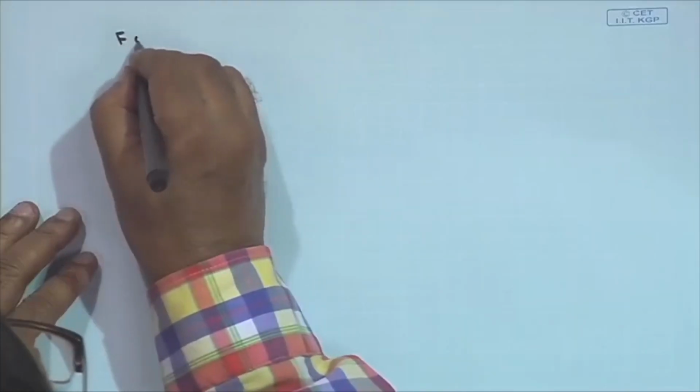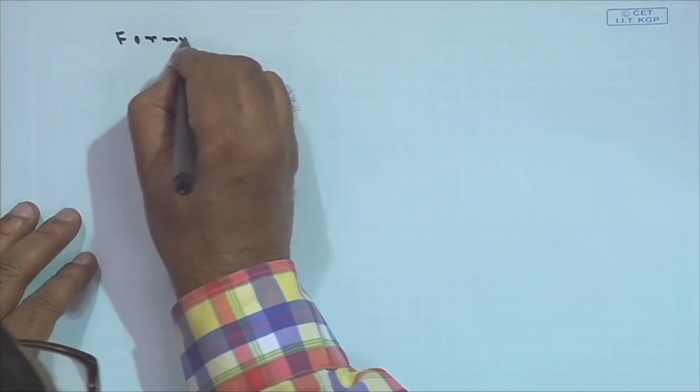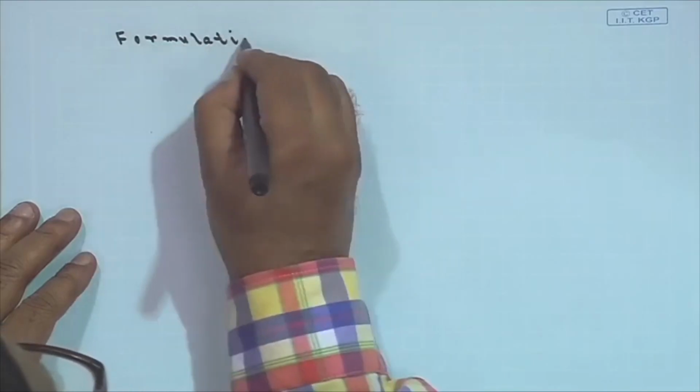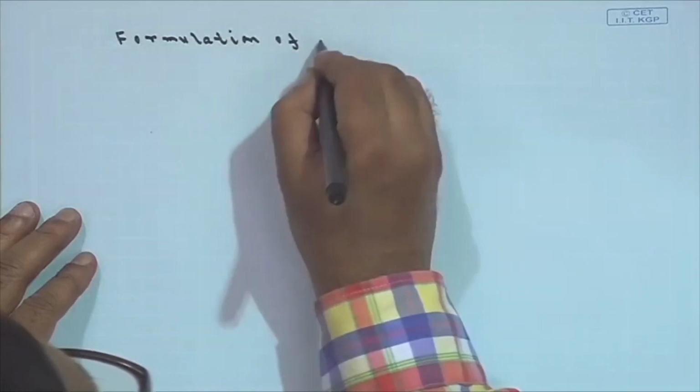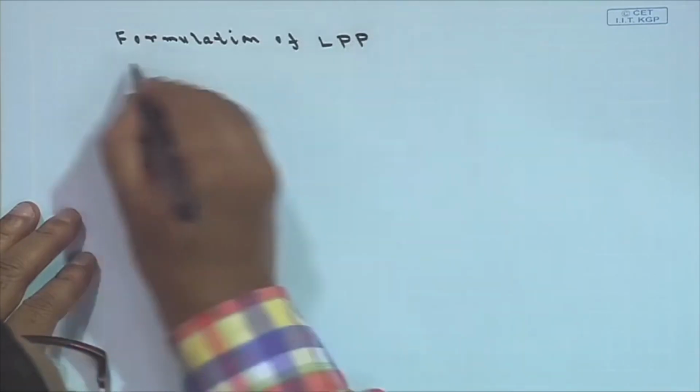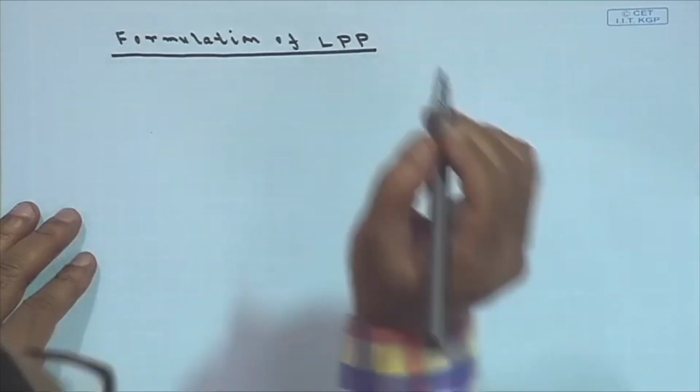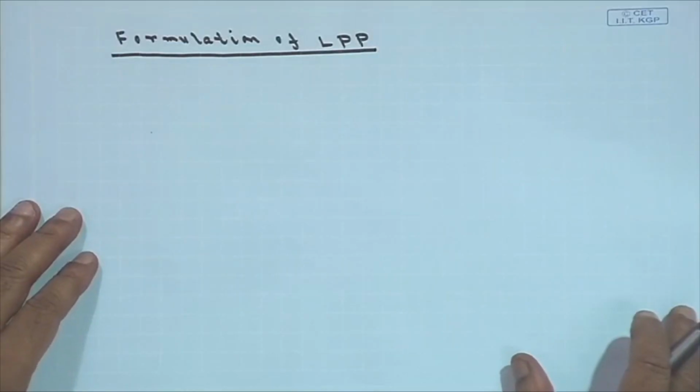So, now let us come to the original thing, that is formulation of linear programming problem. I am not writing the full form. In the linear programming problem, basically I have to take certain decisions subject to certain constraints. Suppose I want to set up one factory.